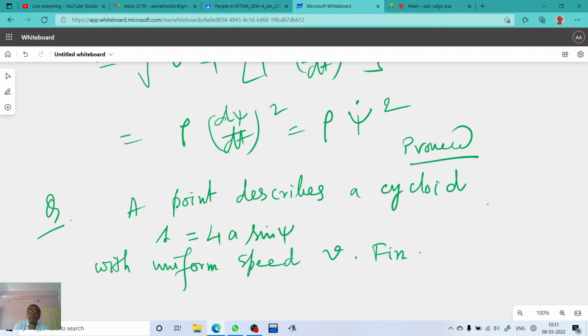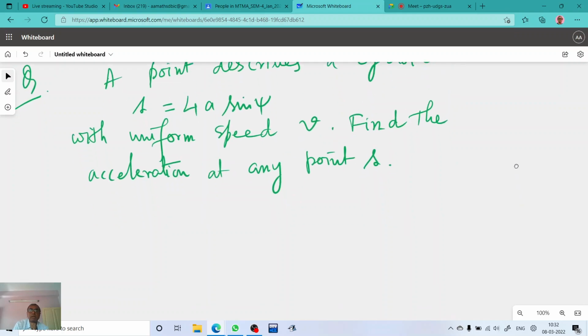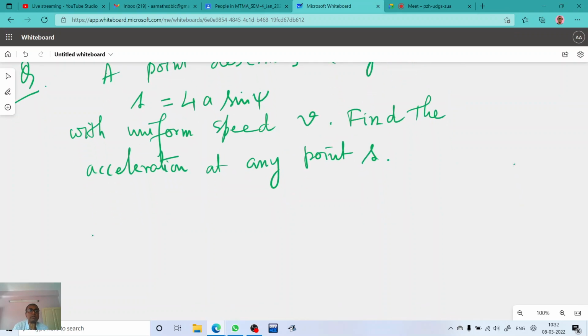Find the acceleration at any point s. Here the curve describes a cycloid, and an equation is given.